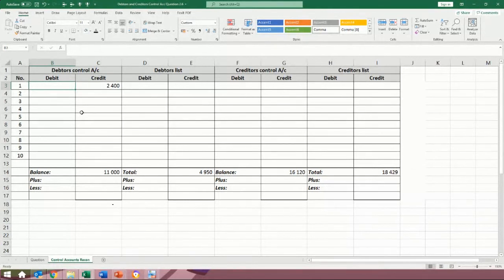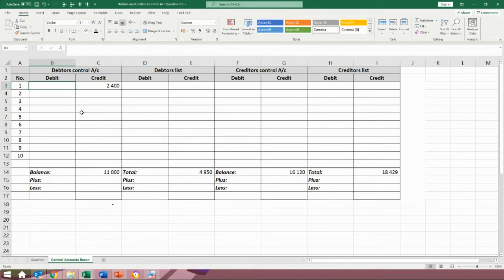If it's issued, our business has given that document to a third party. If we received it, a third party has provided it to the business, and it would be a creditor. Because here the credit note was issued, we would be looking at the debtor account.